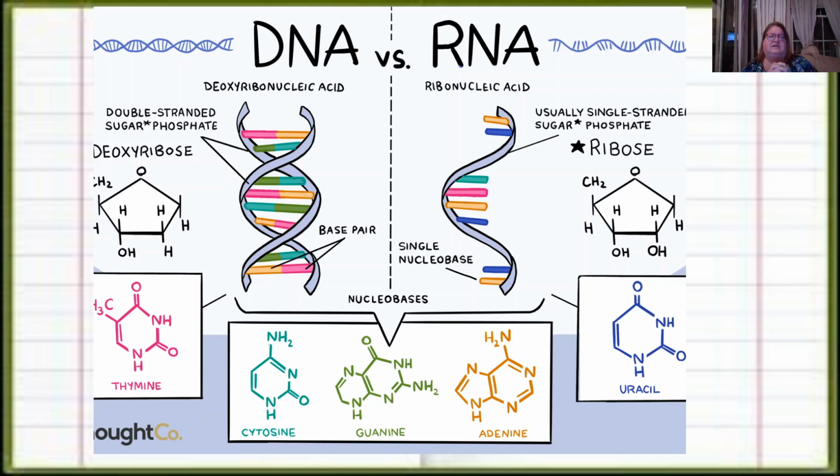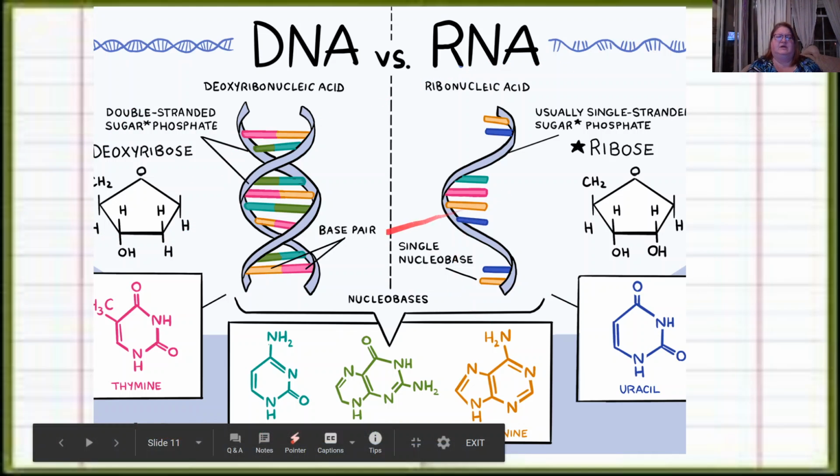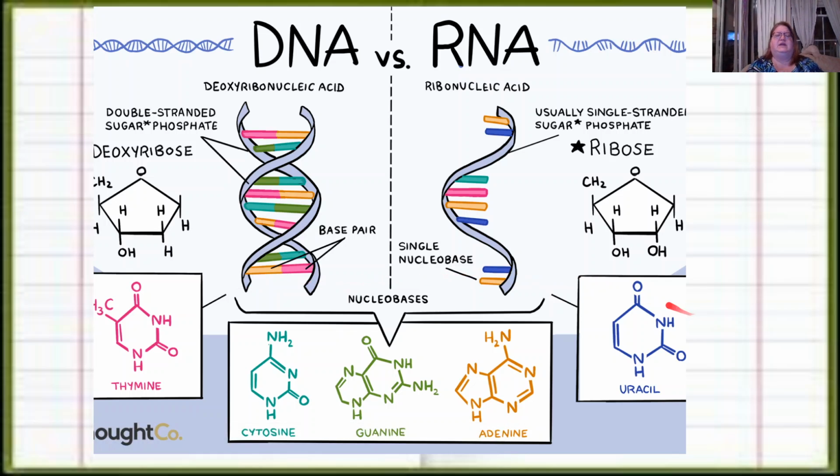So here's a handy dandy, nice picture to compare. So DNA has deoxyribose, RNA has ribose. DNA has thymine, RNA has uracil. And again, you do not need to know what these actually look like. You'll see how you need to apply it.